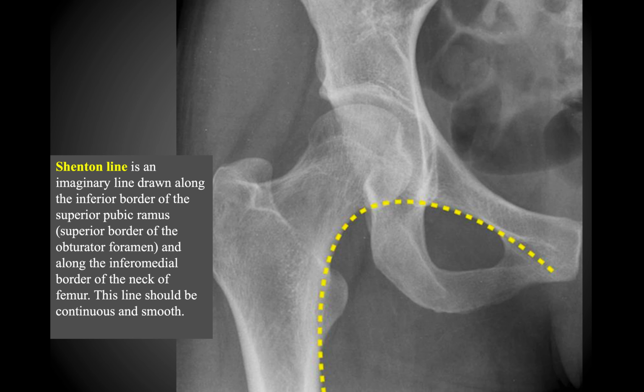So once again, if that's not smooth and continuous, that indicates that there's a high likelihood that there's a fracture. It could be a fracture up here along the pubic ramus, the head, or especially the neck of the femur. You'll see that oftentimes shift, and that indicates the fracture is present. So pay attention to Shenton line when you're looking at this. And again, we'll talk a lot more about fractures when we get into the lower and upper extremity lectures later on as well.